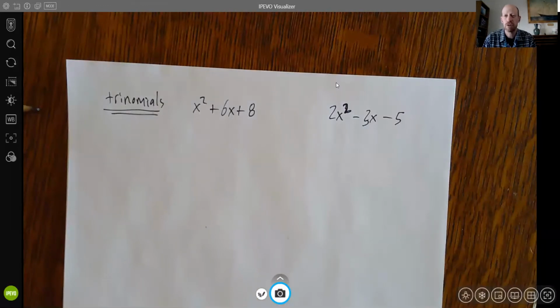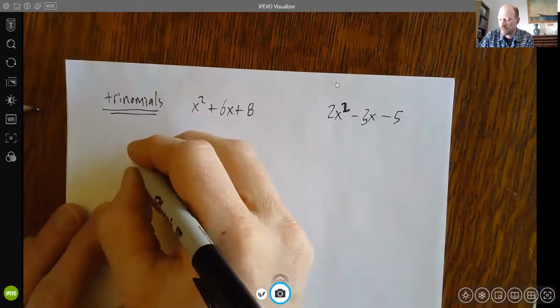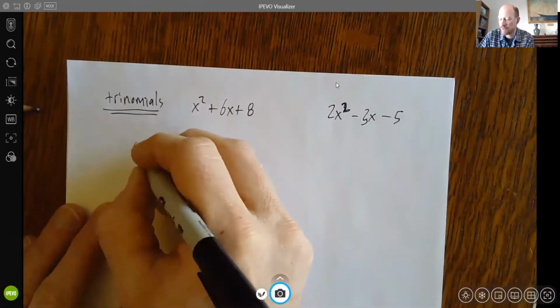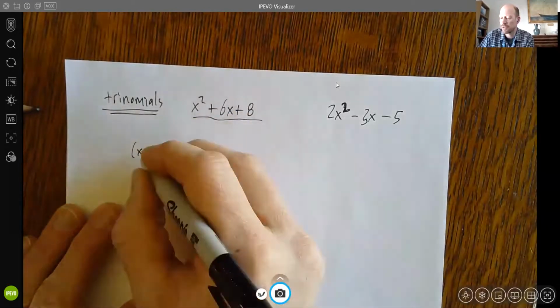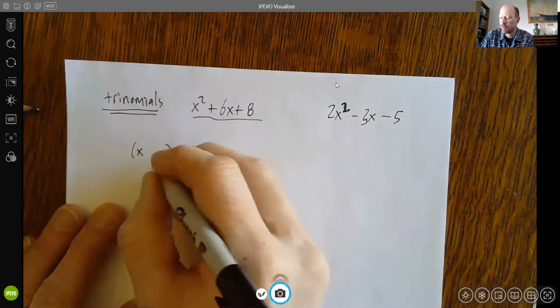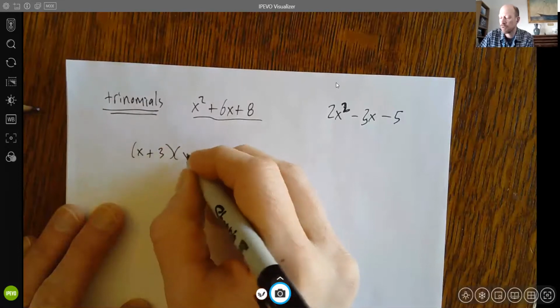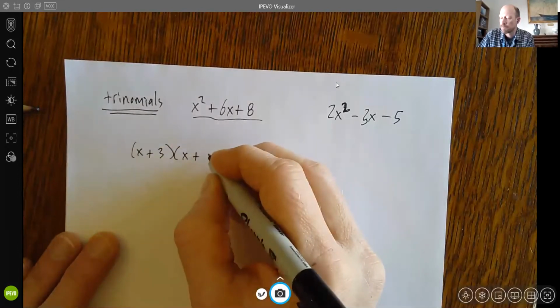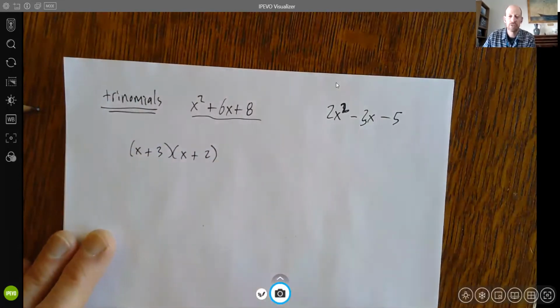Now, these are not 4 terms, so we can't use the methods we had before. We've got to use something different. What we want to remember is that this kind of result comes when we multiply 2 binomials together.